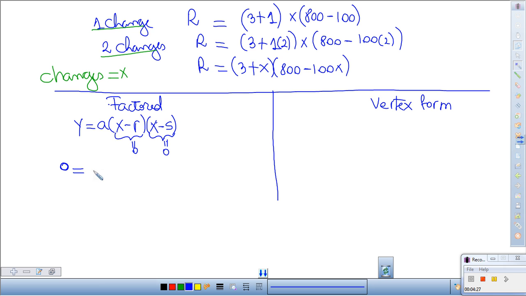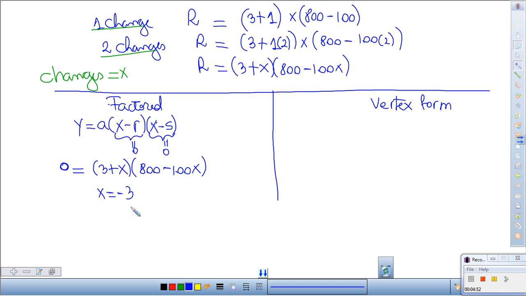So I have 3 plus x and 800 minus 100x. So what are the two roots? Well, one root is going to be x equals -3. Now, can I have negative changes? No, not really. I cannot have negative changes.